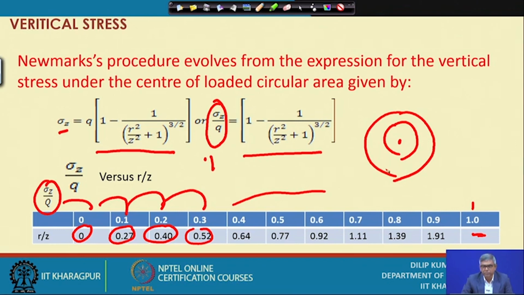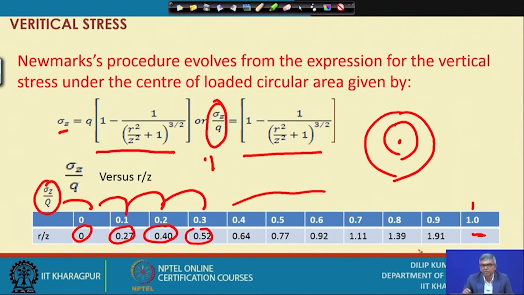The principle of Newmark's chart is, suppose we have different R by Z values, and our main purpose is to find the vertical stress at a depth Z. Z can be anything, suppose 2 meter, 4 meter, 6 meter, 8 meter.